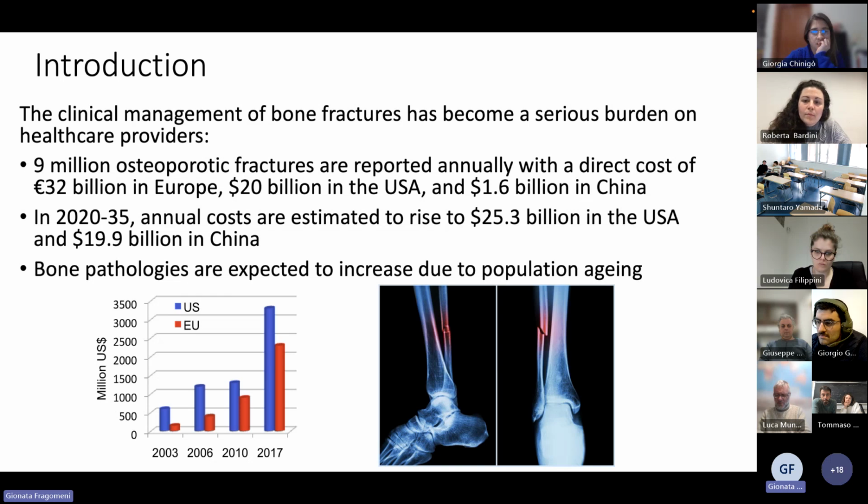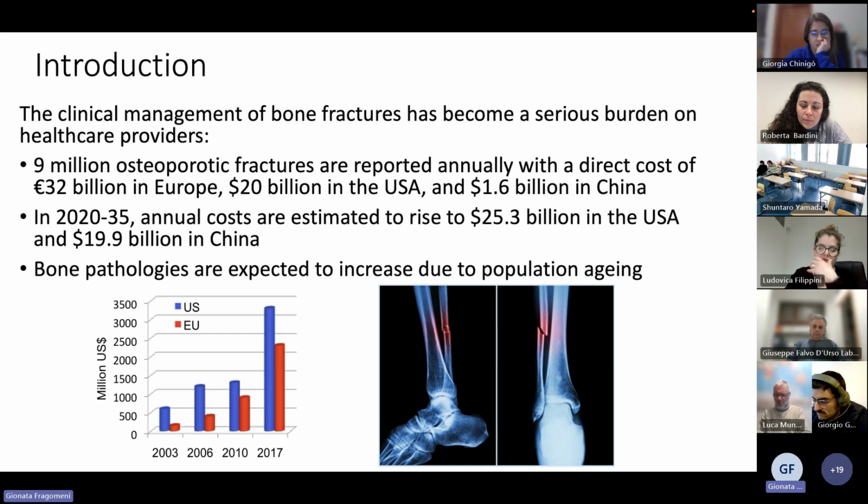The social costs are estimated to be very high. You can see on the left of this slide that every year these costs increase a lot.